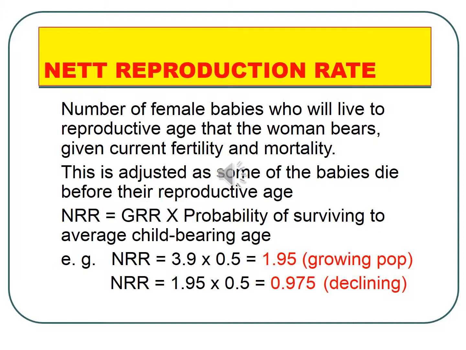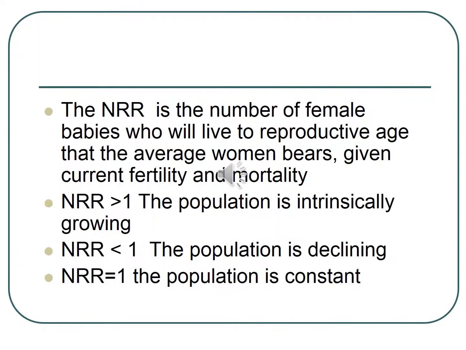A value of more than 1 reflects a growing population, and a value of less than 1 denotes a declining population. A value equals to 1 means the population is constant.